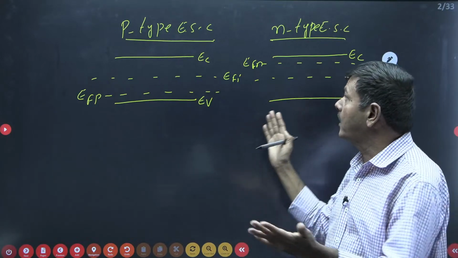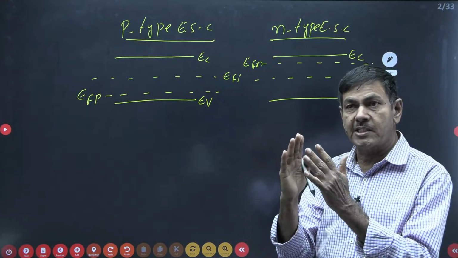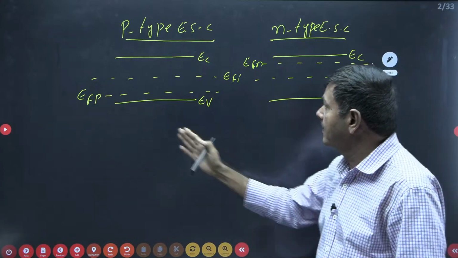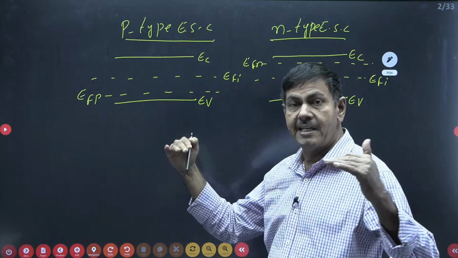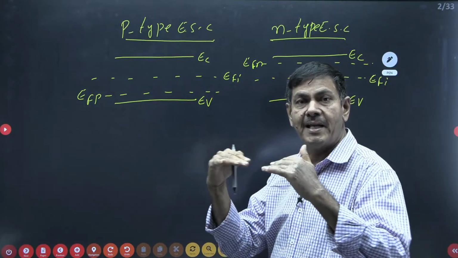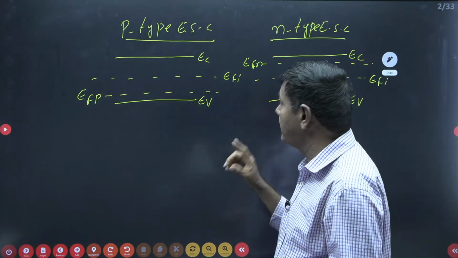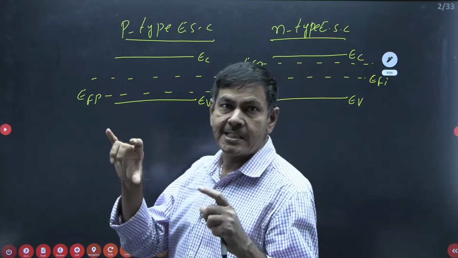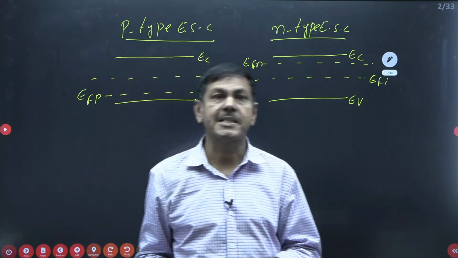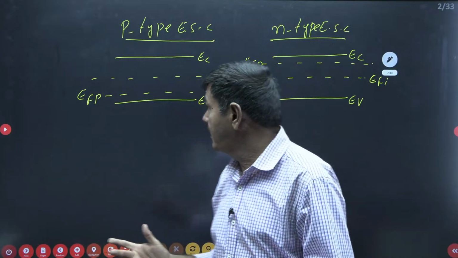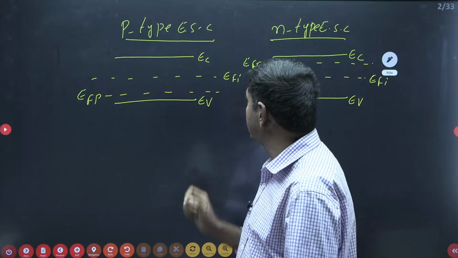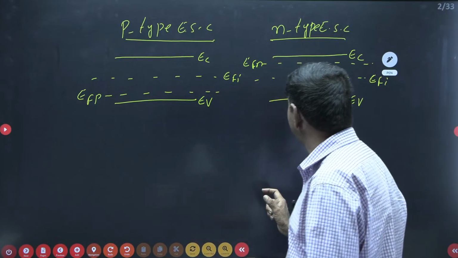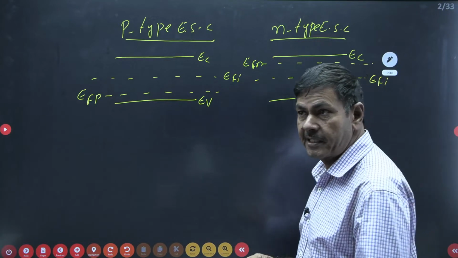Suppose you combine p-type and n-type materials; it won't come like that, EFP below and EFN above. On the same axis, both will be aligned together. EFN and EFP will be aligned if taken as a single specimen. So just now I explained the energy band diagram for the p-type extrinsic semiconductor and for the n-type extrinsic semiconductor.